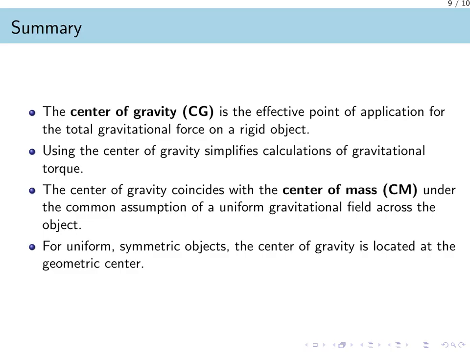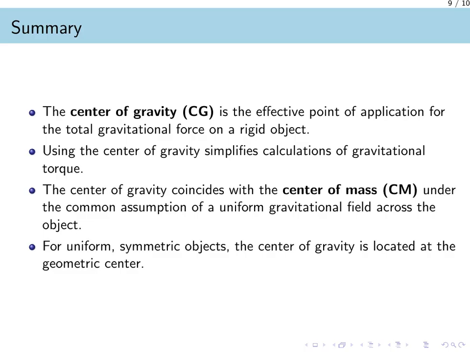It is also important to understand its relationship with the center of mass. The center of gravity, or CG, coincides with the center of mass, or CM, under the very common assumption that the gravitational field is uniform across the entire object. For everyday objects, this is an excellent approximation.